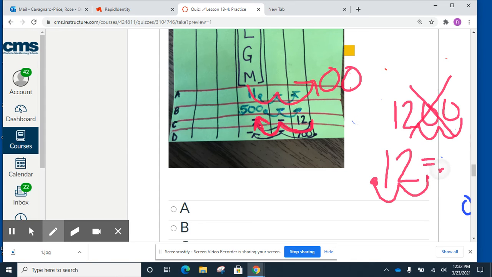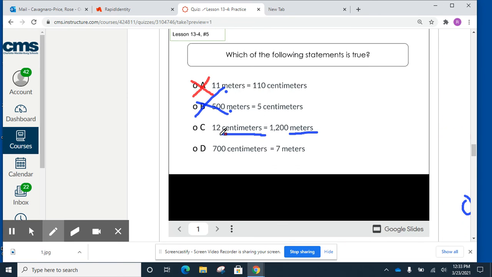This 12 actually becomes 12 hundredths. It becomes a smaller number. So 12 centimeters equal to 1,200 meters? No, it was actually equal to 12 hundredths. That did not make sense. So that one is incorrect.